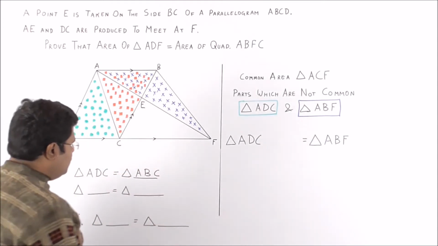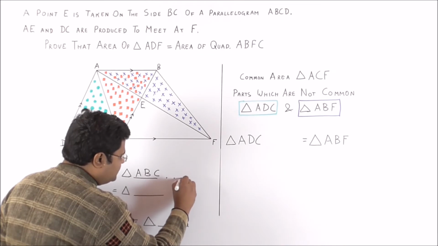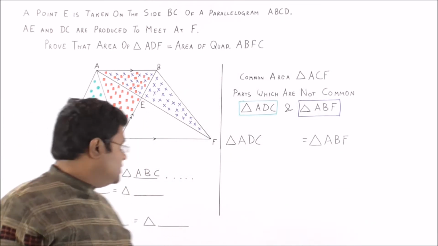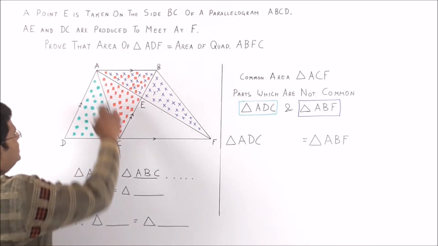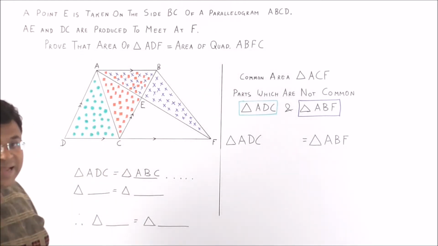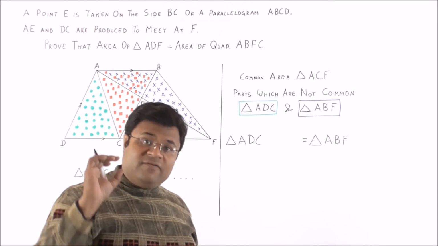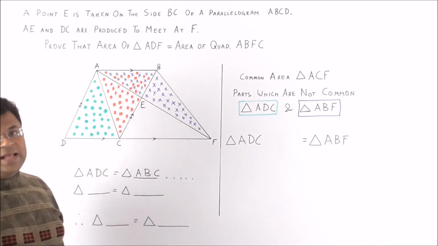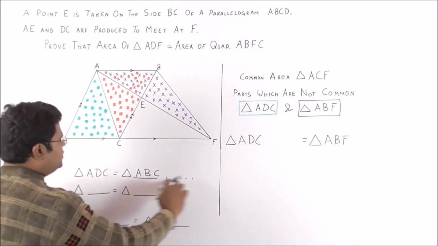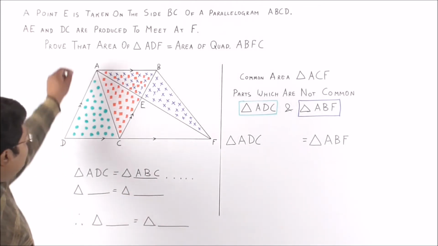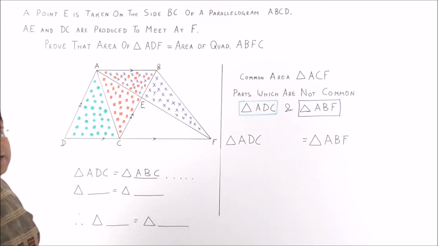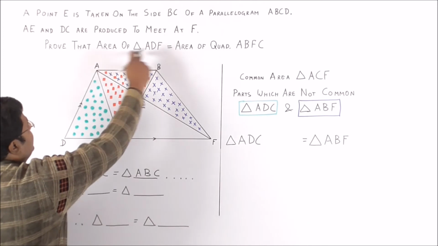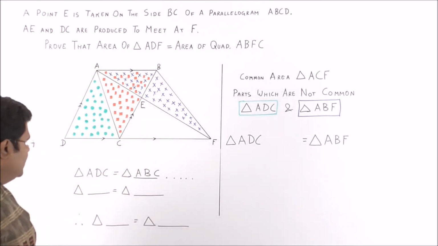Now, I have not given the reasons. You need to work on the reasons. What's the first reason here? Here the reason is that the diagonal of a parallelogram divides it into two triangles which are congruent and hence equal in area. So you just need to write this reason. The diagonal divides a parallelogram into two triangles which are equal in area. That's why this green triangle is equal to this red triangle.